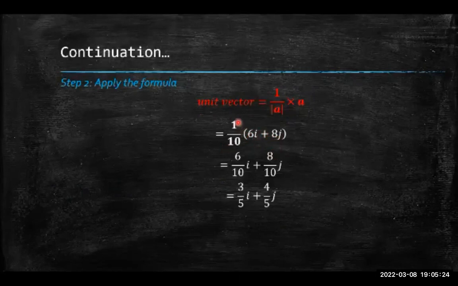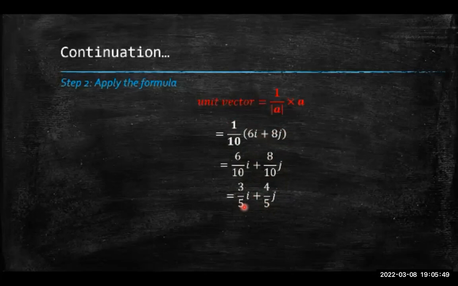And simplify. 1/10 by 6i hat would be 6/10 i hat. 1/10 by positive 8j hat would be 8/10 j hat. But of course, since you can reduce this, you will reduce it. So you get 3/5 i hat plus 4/5 j hat. And this is the unit vector.